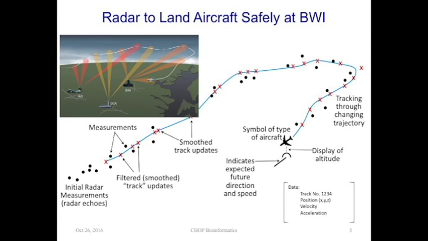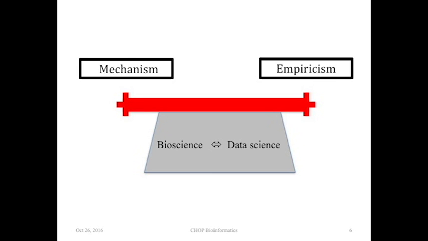And so that leads me to a point, which is that when you think about individualized health, what we call personalized medicine or precision medicine, you're really operating along a continuum between what I would call mechanism, where airplanes live, and empiricism, where most of medicine lives.